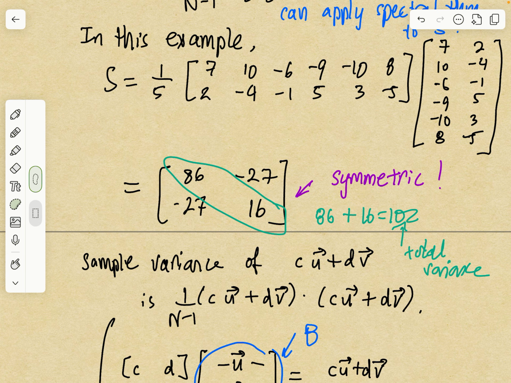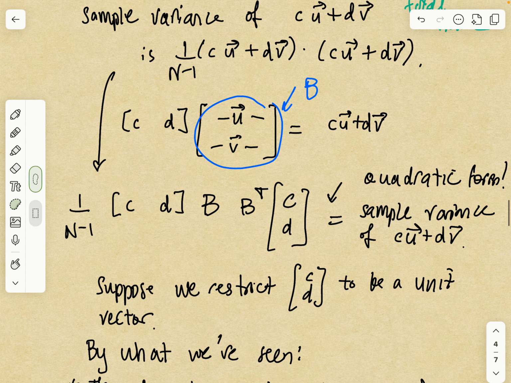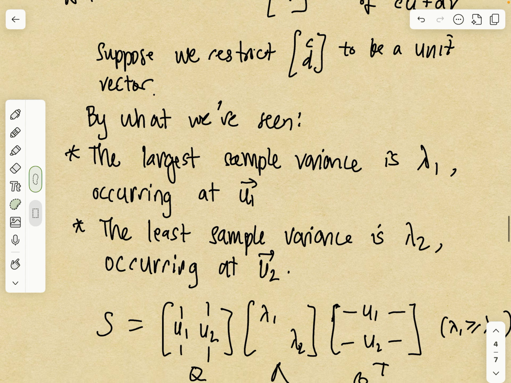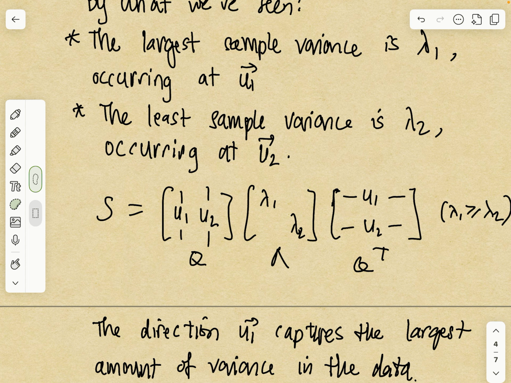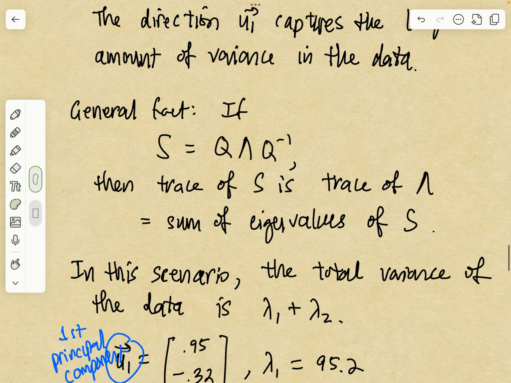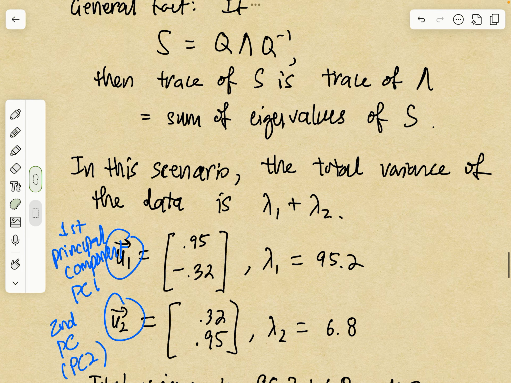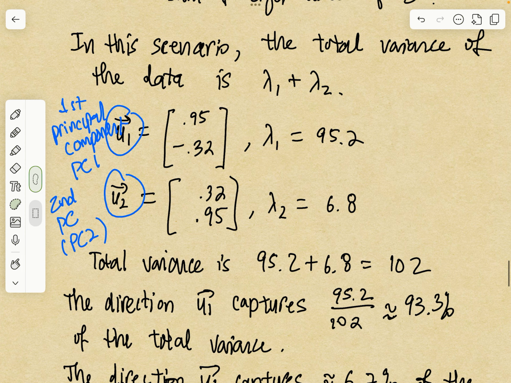That's a symmetric matrix, so it's going to have this decomposition Q lambda Q inverse, and the unit eigenvectors, the columns of Q, are called the principal components of the data. The first principal component, which corresponds to the largest eigenvalue, tells you the direction in which you capture most of the variance in the data. If you think of the variance as an amount of information, it tells you the most information.